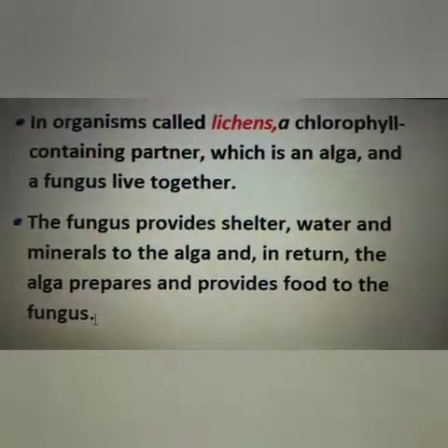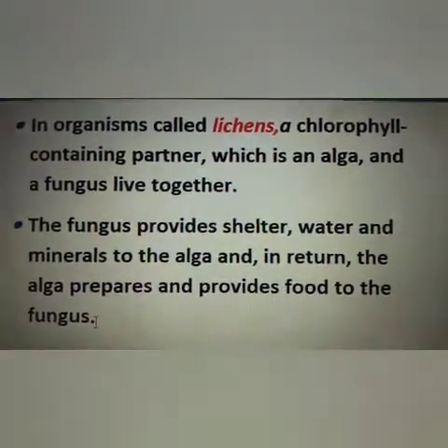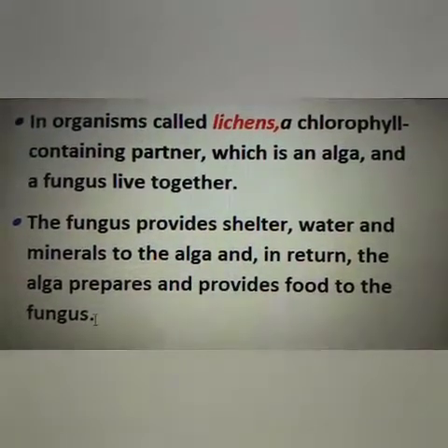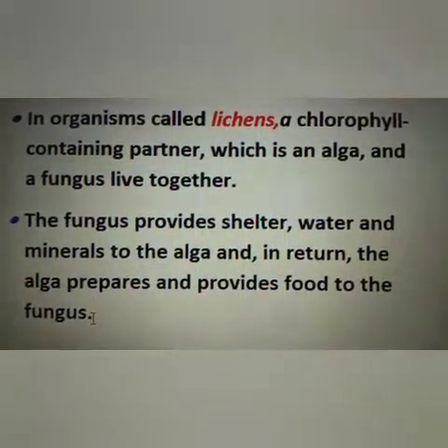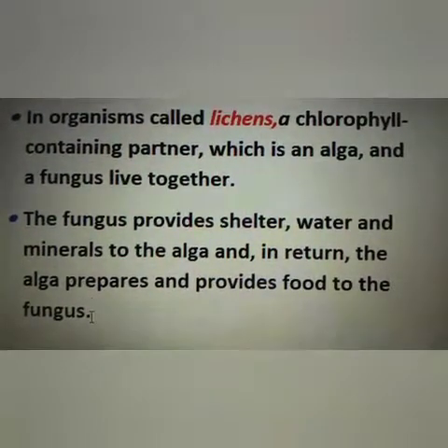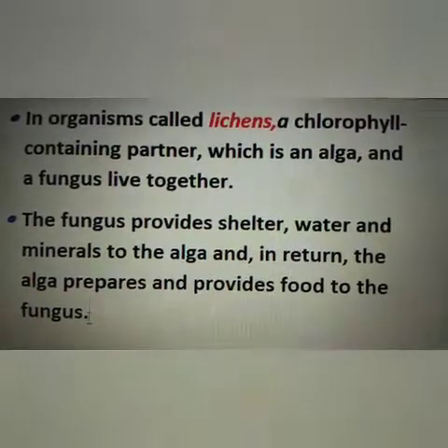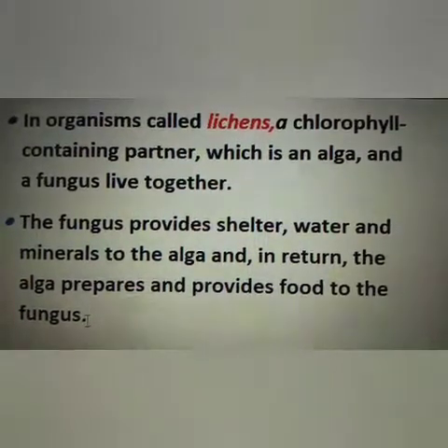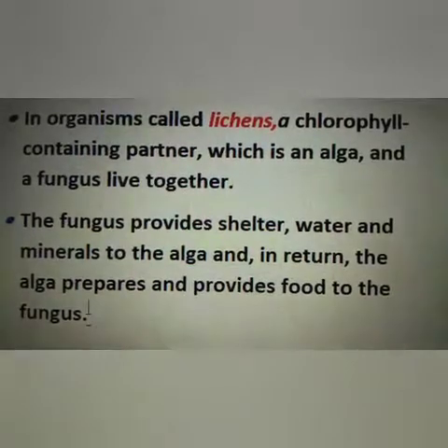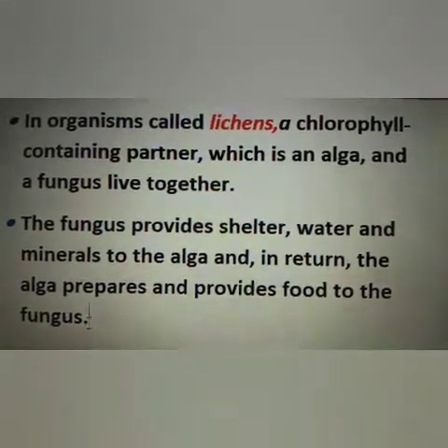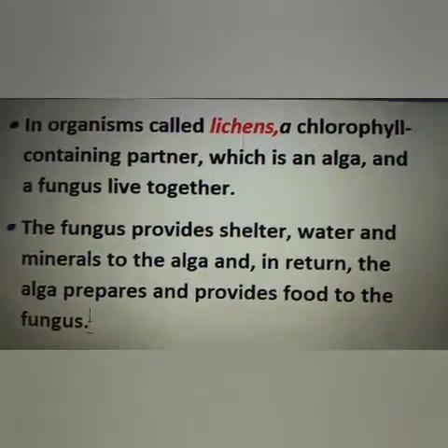So this is one example of a symbiotic relationship. In organisms called lichens, a chlorophyll-containing partner, which is an alga, and a fungus live together, and the fungus provides shelter, water and minerals to the alga, and in return the alga prepares and provides food to the fungus. So this is also an example of symbiosis.